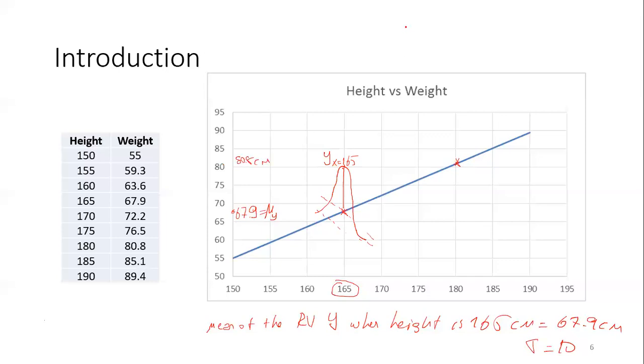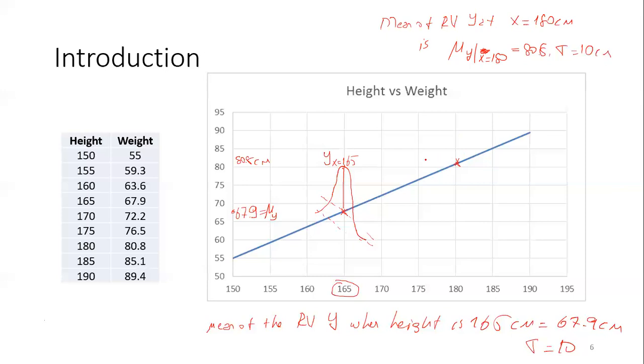So the mean of random variable y at x equal to 180 centimeters, mu of y at x equal to 180 centimeters, is equal to 80.8 centimeters, and sigma is again 10 centimeters.